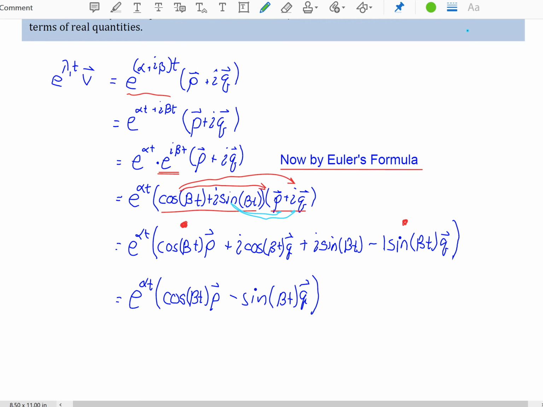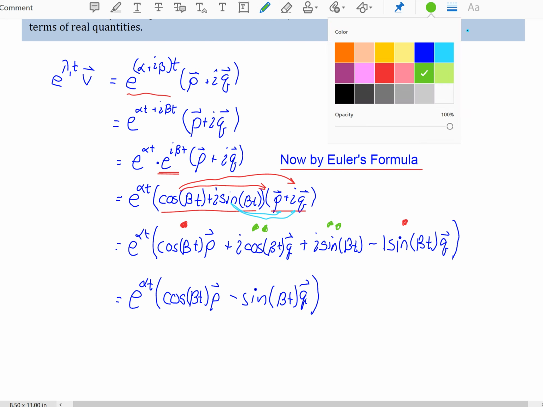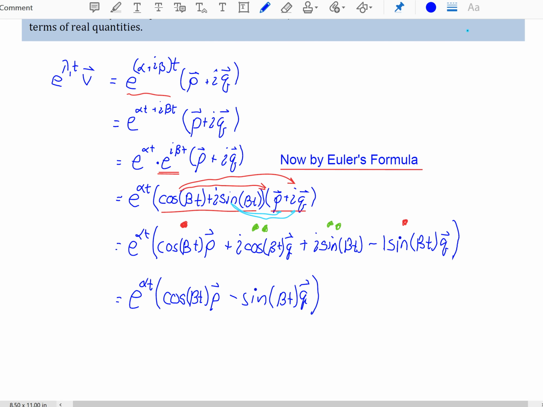Now the remaining two terms both have an imaginary component, an i term. So let's rewrite those two grouped together. And I want to write them in the order where the p vectors always come first.